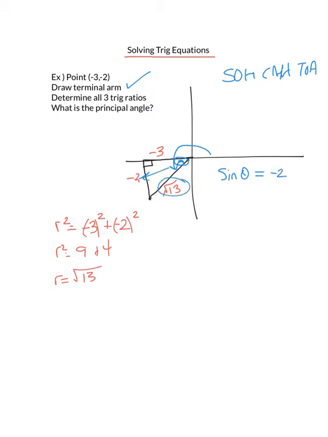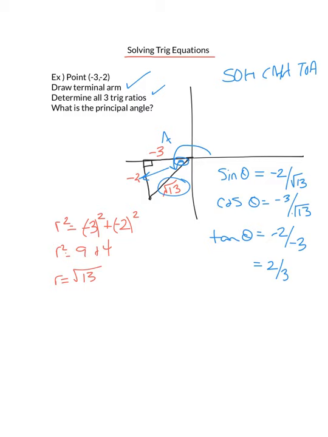So a -2 over root 13. I have cos of theta, adjacent over hypotenuse, and tan of theta, opposite over adjacent. And I'm going to rewrite that as just 2 over 3.